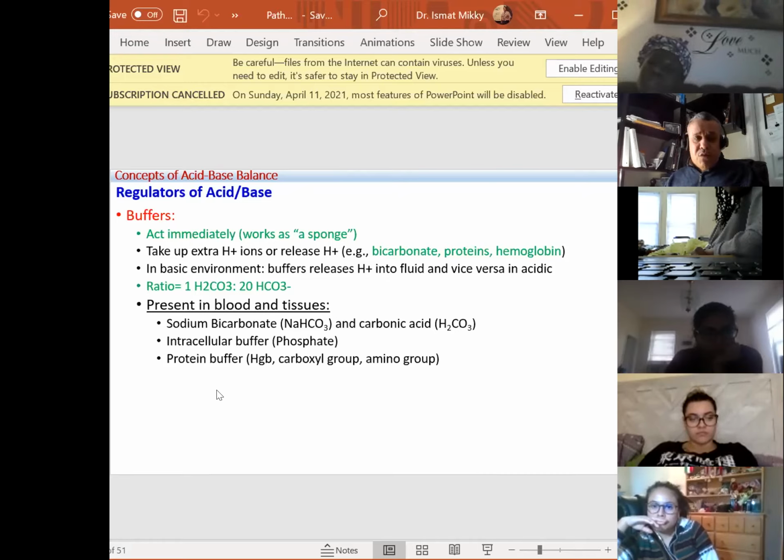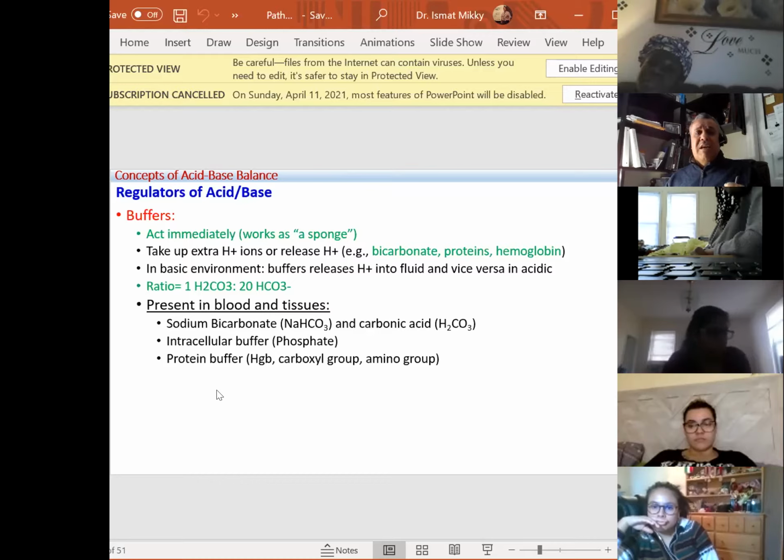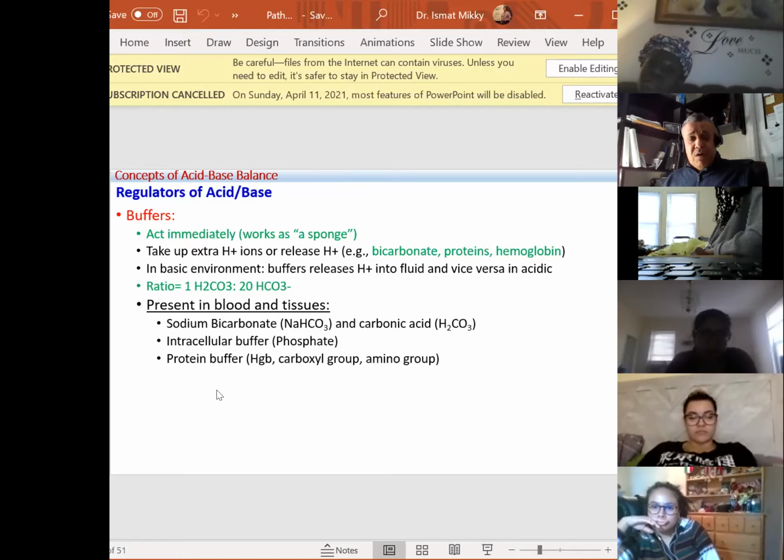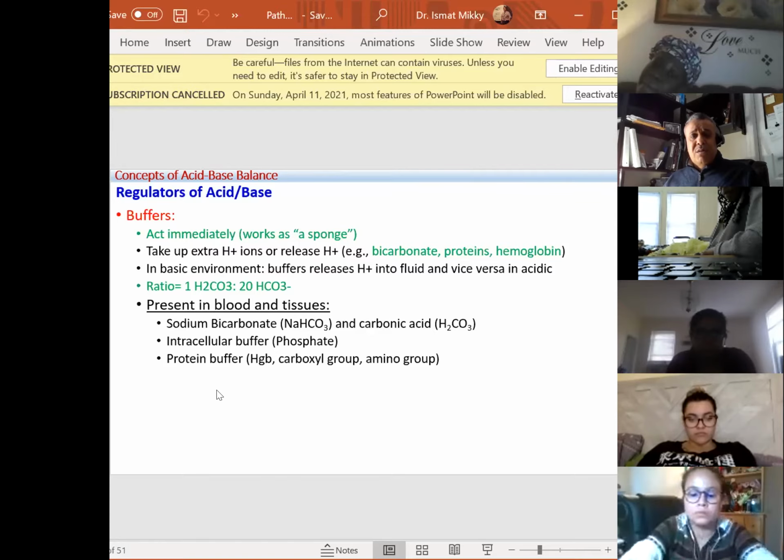So make sure that when you draw the specimen, it is taken from the artery, not the vein. We usually take it from the radial artery, the brachial artery, or sometimes the femoral. So these are the three main sites you get the blood specimen for the ABGs: radial, brachial, or femoral.